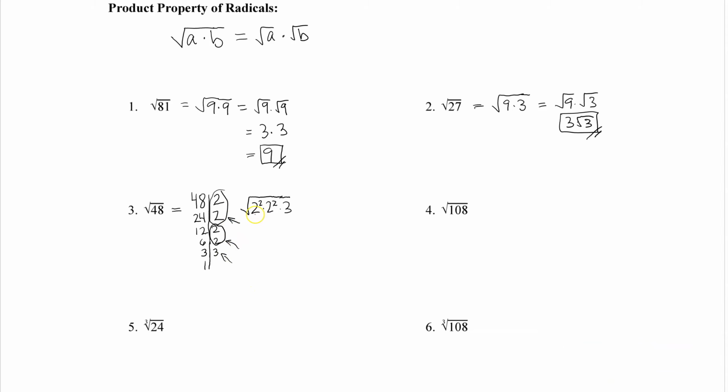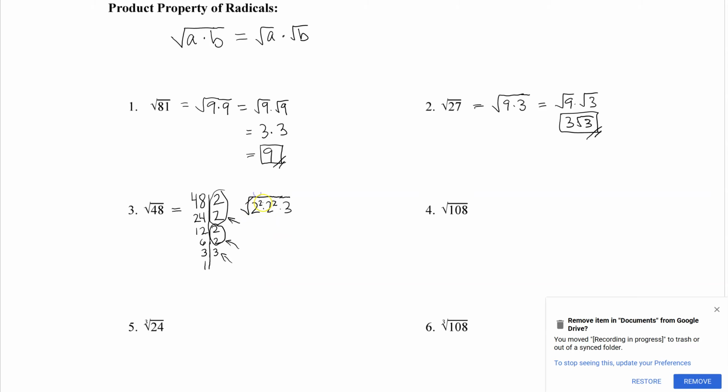So the square root of 2 squared, the square root undoes the square. So there's 2, and it does that again on the second one. And then we have 3, which stays inside the square root because we don't have anything that would simplify the 3. So 2 times 2 is 4. We have 4 square root of 3, and that would be equal to the square root of 48, but simplified.